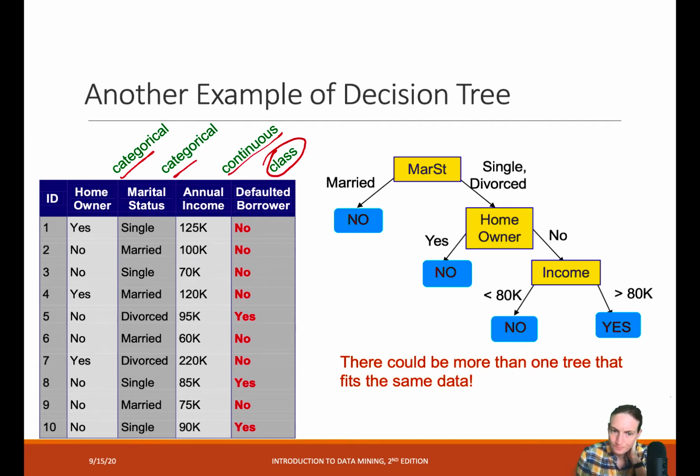Okay. So the thing with decision trees is there can actually be more than one tree that fits the same data. Here, while the problem is the same, the marital status and the homeowner attributes are switched, and the tree has the same amount of precision even. So there's not one solution, there could be multiple.